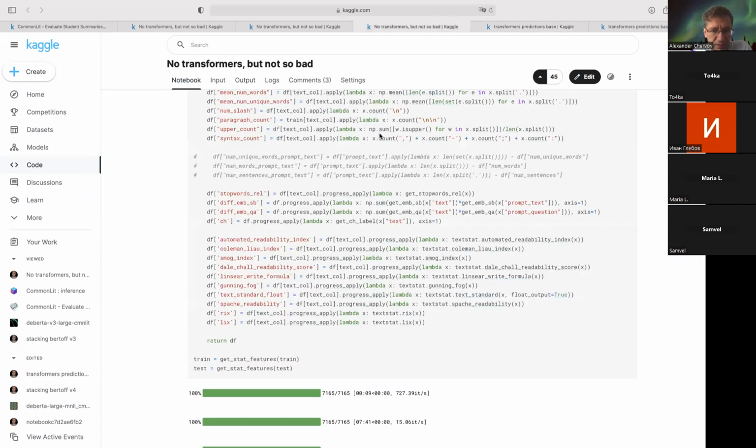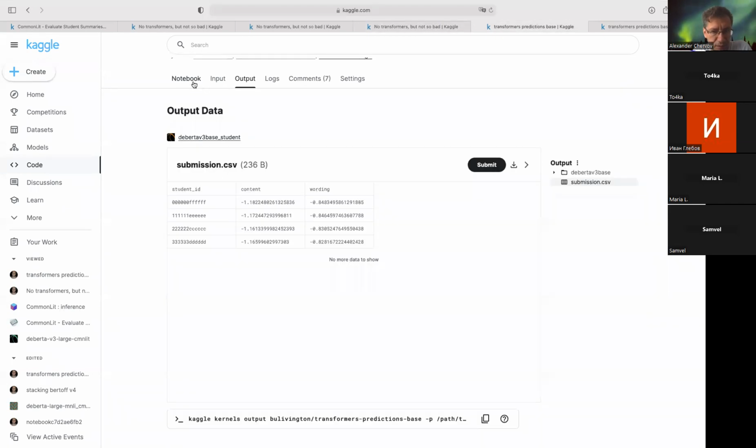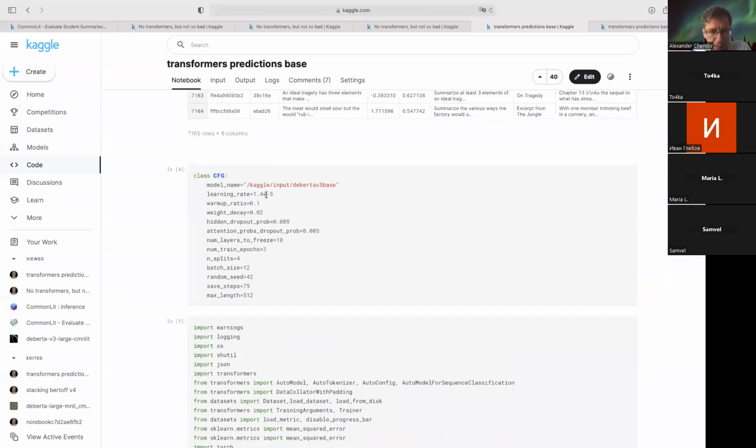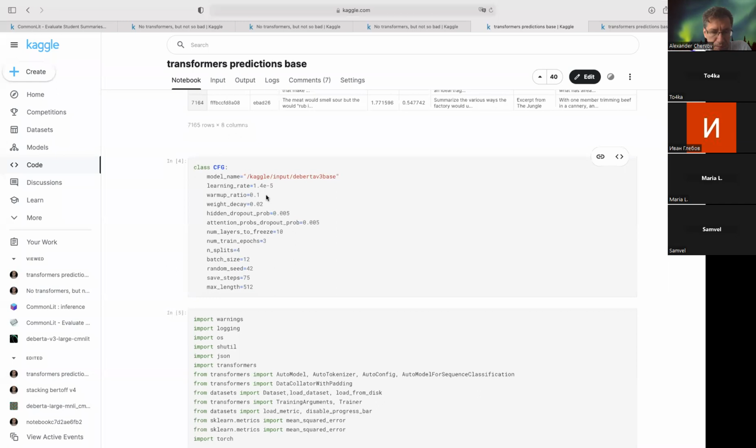Yes. Actually, stacking is a tricky thing. You can use different transformer models, but also you can use the same models with different hyperparameters. What approach will be better? Who knows? We have to try.